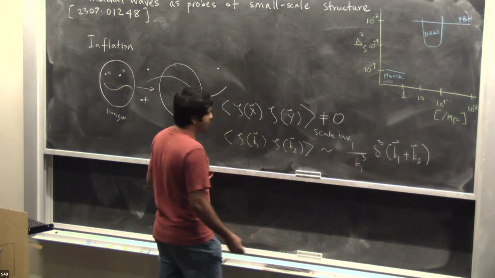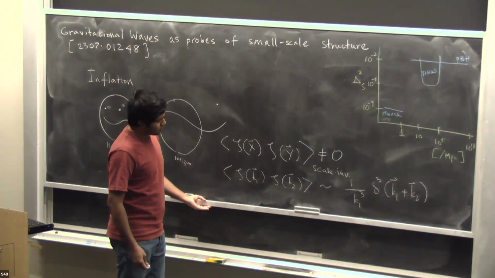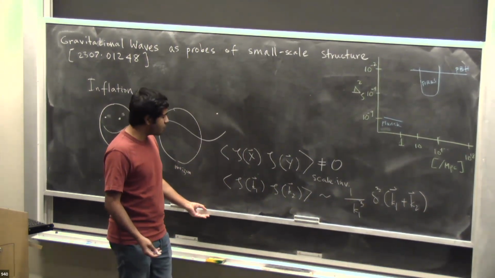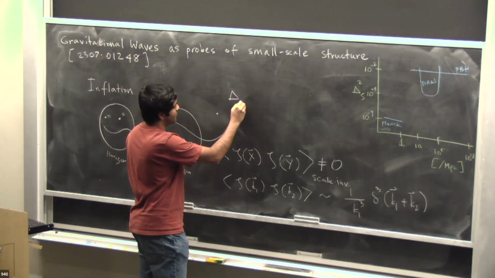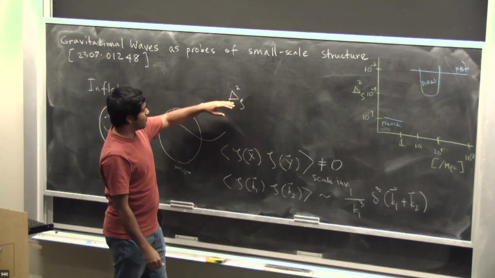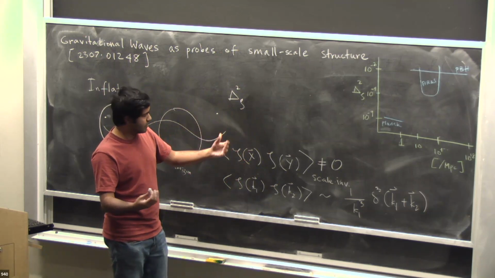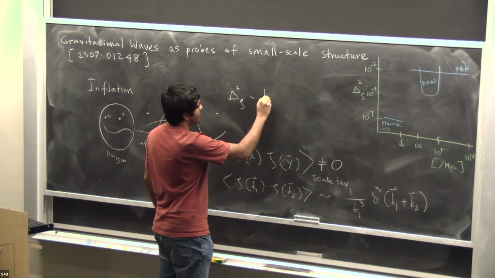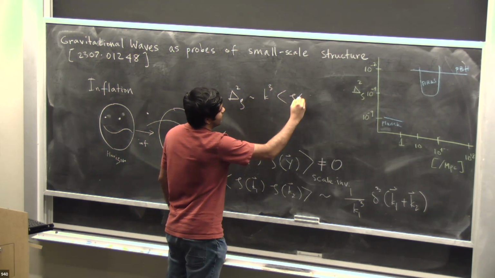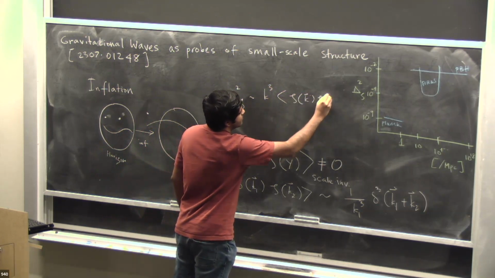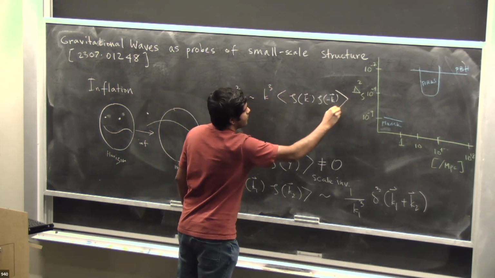So just for the convenience of notation, what we often use is to define a quantity I'll call delta zeta squared. So it's basically the power spectrum with a normalization. So we define it as k cubed zeta k zeta k.